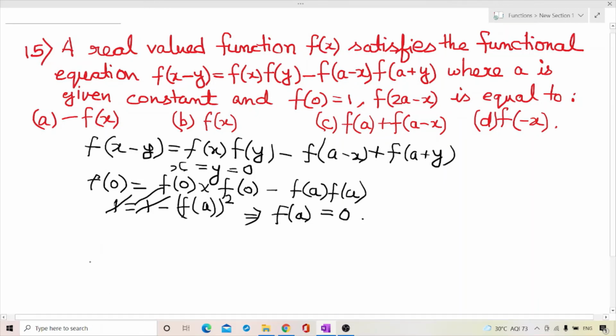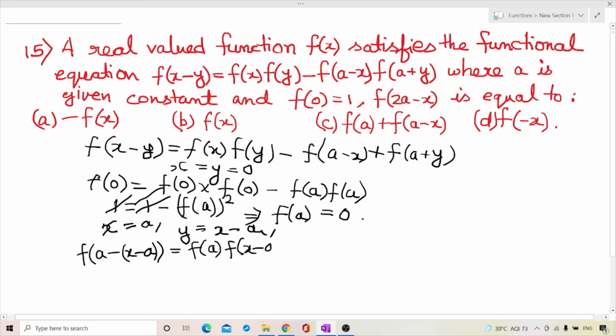Now we put x equal to a and y equal to x minus a. So it becomes f(a minus x minus a) is equal to f(a) into f(x minus a) minus f(a minus a) into f(a plus x minus a).